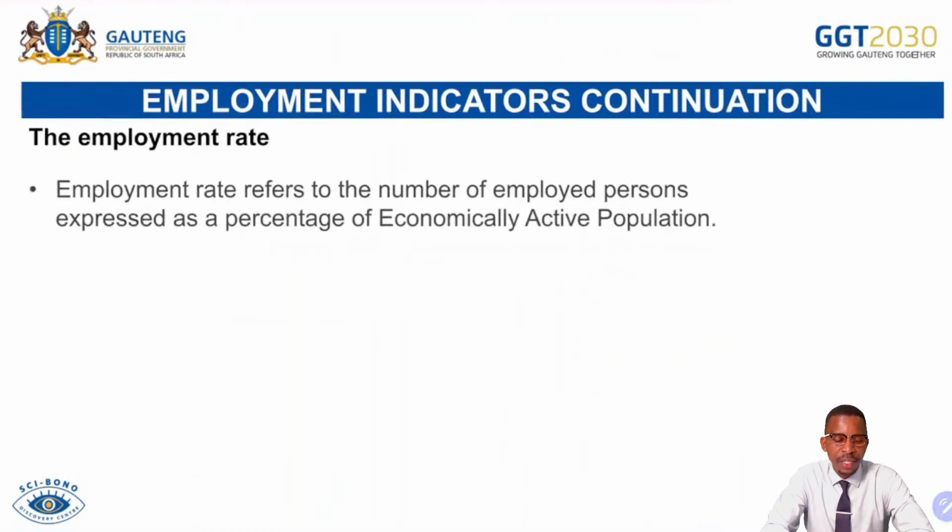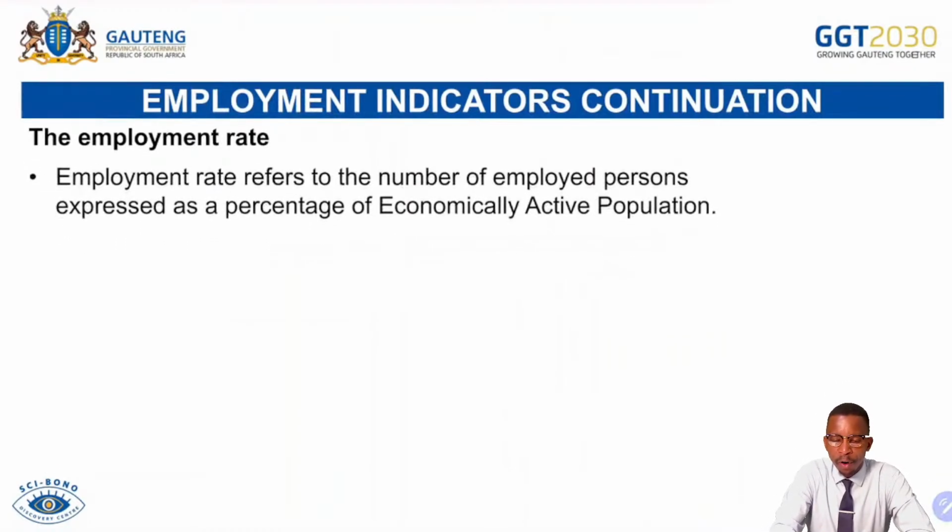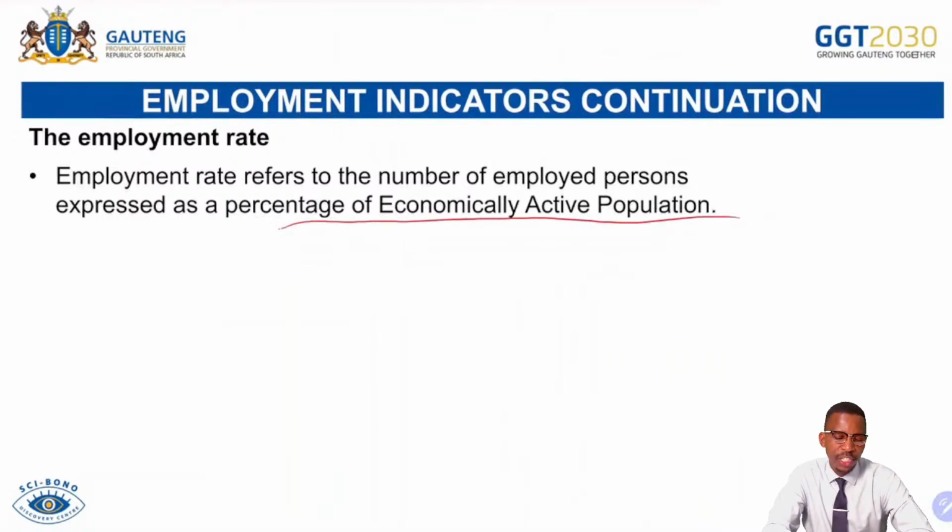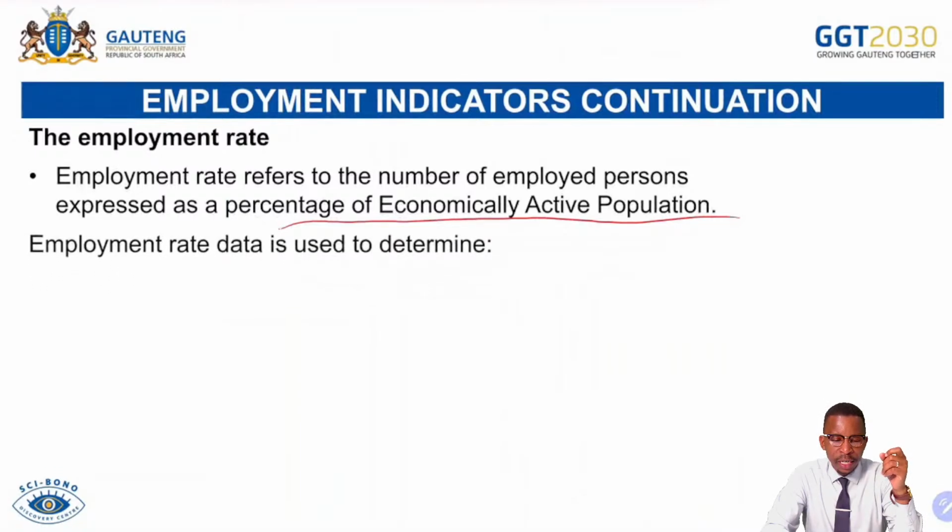So the employment rate. Employment rate refers to the number of employed persons expressed as a percentage of the economically active population. So in this situation, we check the number of people that are employed, and then we divide them by the economically active population, then we multiply by 100 to get the employment rate. And then employment rate data is used to determine the following.